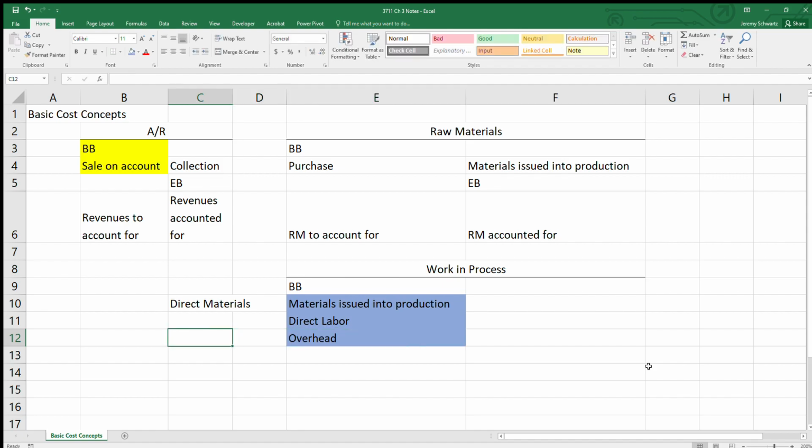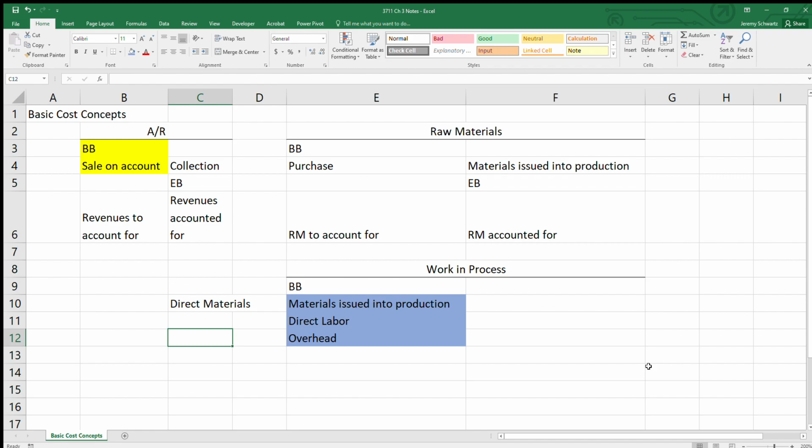Now, these overhead costs are indirect in their nature, as opposed to the first two that are direct. There can be considerable effort used in trying to allocate those or come up with a way of estimating them, because we don't observe them in real time.